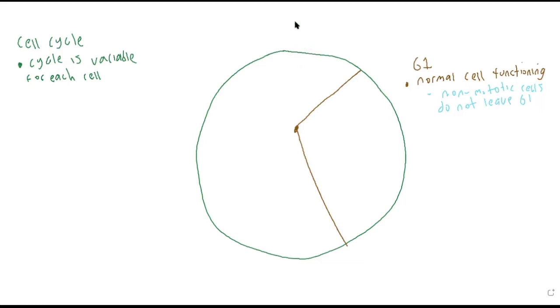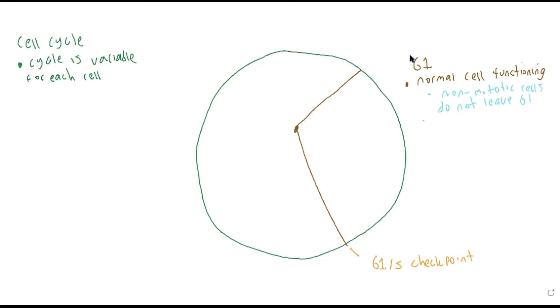Now, when a cell is going to prepare for cell division, it must pass through a very important checkpoint called the G1S checkpoint. This is a very important checkpoint because this is when various cellular processes determine if the cell is capable of preparing for mitosis.